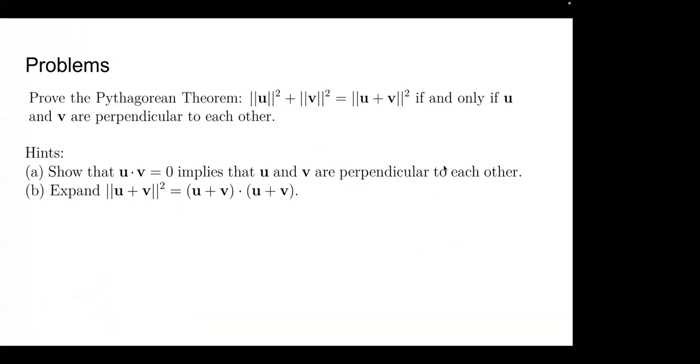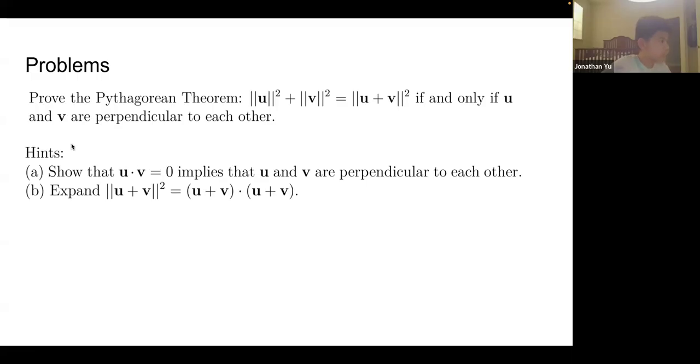Here's an interesting problem. Okay, so we're going to prove the Pythagorean theorem using vectors, which states that the norm of u squared plus the norm of v squared equals the norm of u minus v squared if and only if u and v are perpendicular to each other.